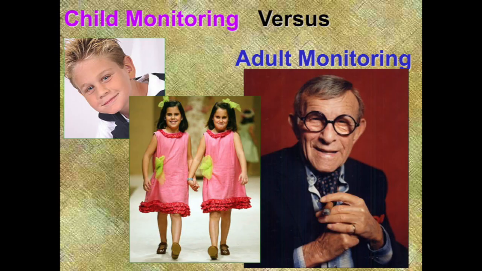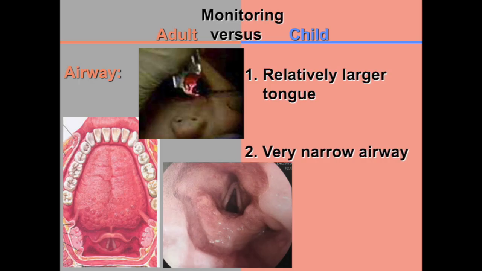As far as monitoring children versus adults, it's as if the human being was two different types of human beings. Children are so different from adults. So we're looking at, with the child, they've got a larger tongue, a very narrow airway compared to the adult.